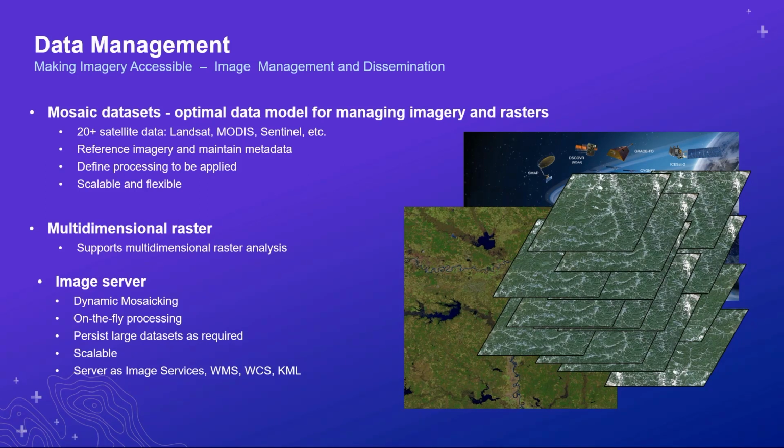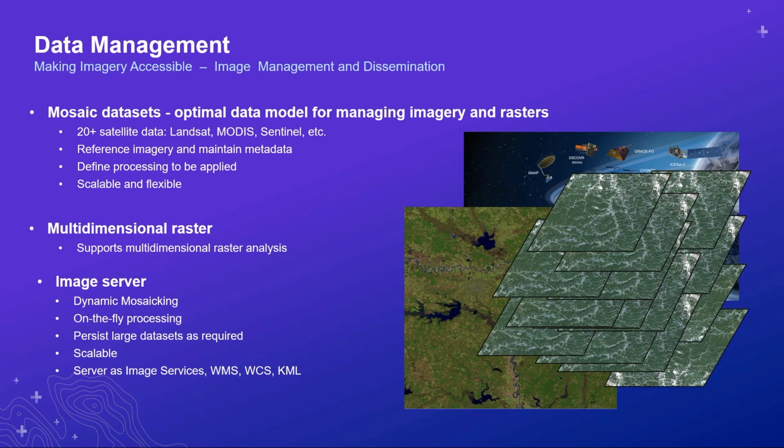It doesn't copy or store pixels, but manages the metadata of the image so that you can support quick query. And then you can also define processing template to the mosaic dataset and to be used in the on-the-fly processing. Mosaic dataset data model is scalable. You can manage massive, large collection of images.